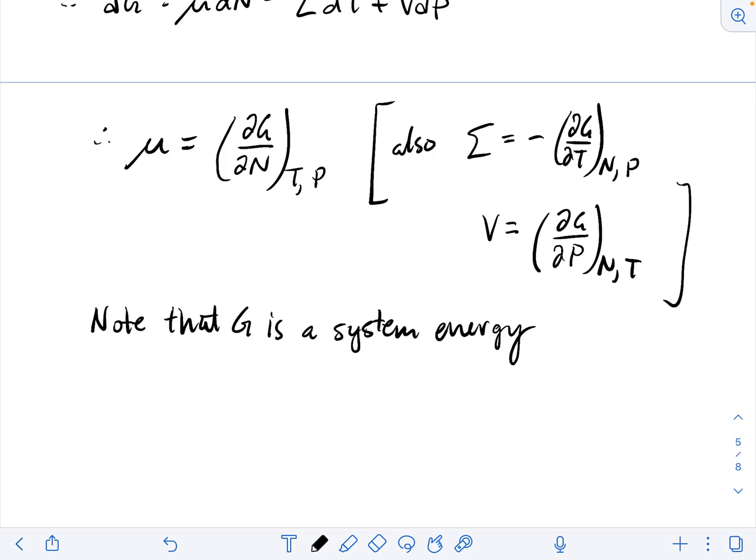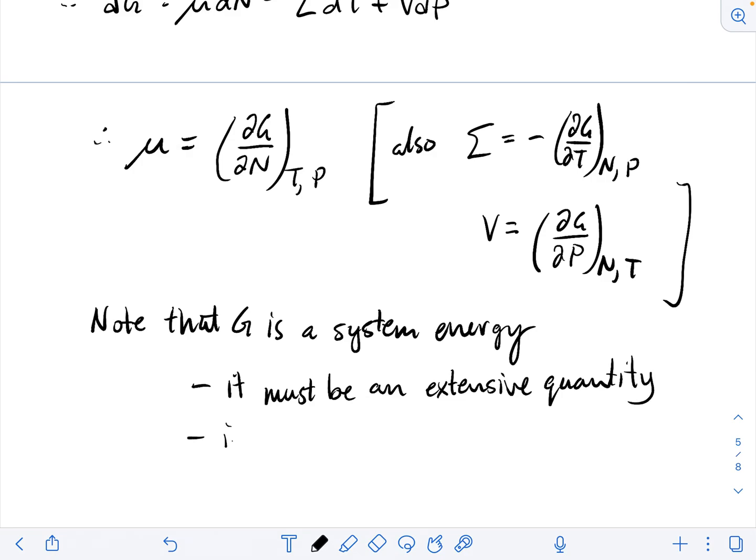So the Gibbs free energy must be an extensive quantity, and that just means that it must scale with the system size.